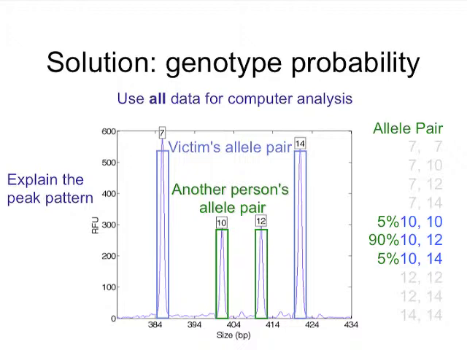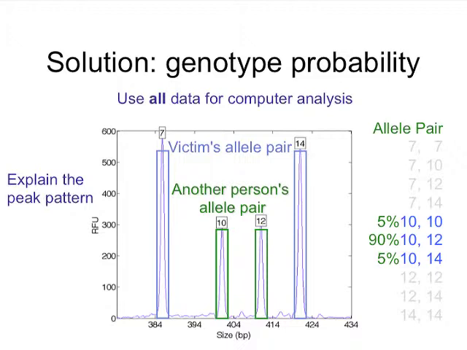So here's one explanation that's a good explanation. We see 2 tall blue bars. Those are the pair of alleles, the genetic type from the victim, a 7 and a 14. And then in green, in the center, there's DNA present from another person, and that allele pair is represented as a proposal by the computer of 2 green bars, the allele pair 10 and 12.